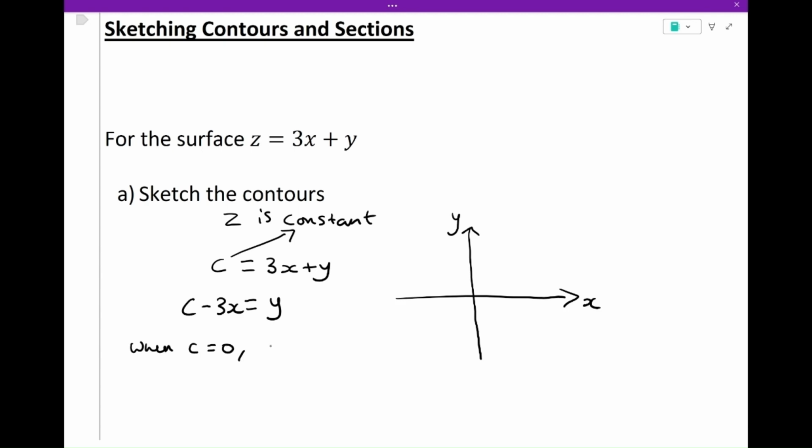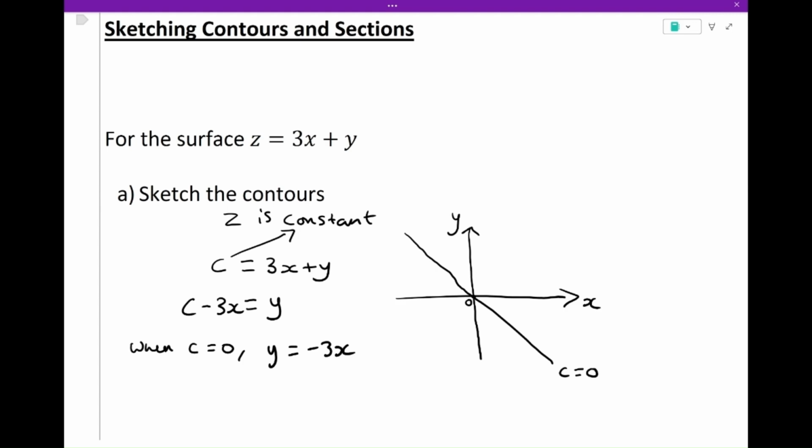Then we would get y equals negative 3x. Drawing that, it's going to go through the origin and we're going to have a negative gradient. So my line is going to look a bit like this. That would be when c is equal to 0. I'm just going to indicate a 0 there.